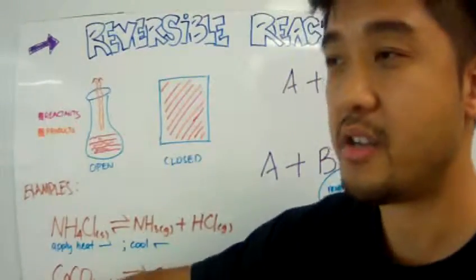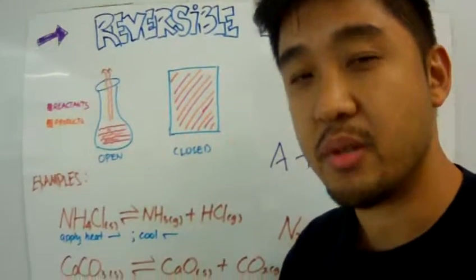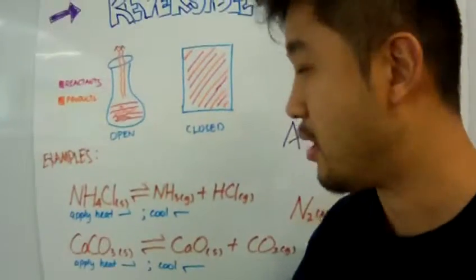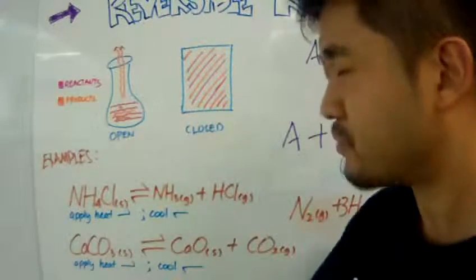Now, here are some examples that I've used to indicate reversible reactions. Here we have ammonium chloride salt, right?